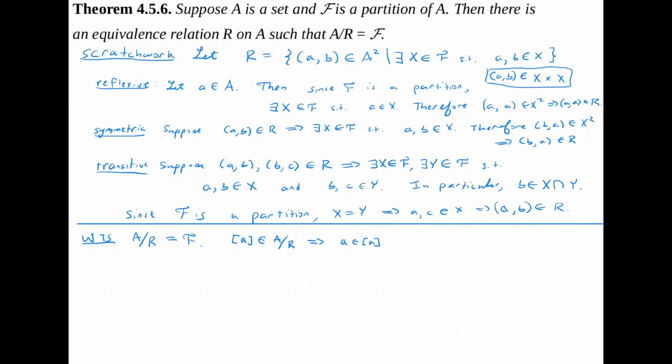But now a is an element of A. So now if we put those together and the fact that F is a partition, we have that a is in the union of F, which is equal to A. And so here we're using F as a partition.